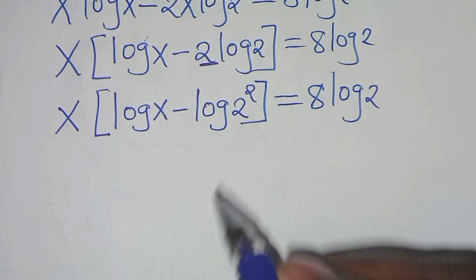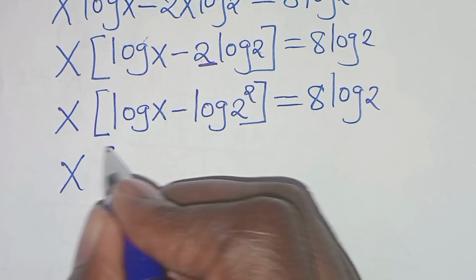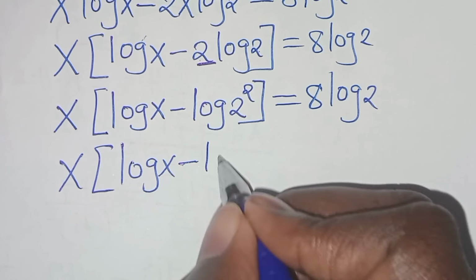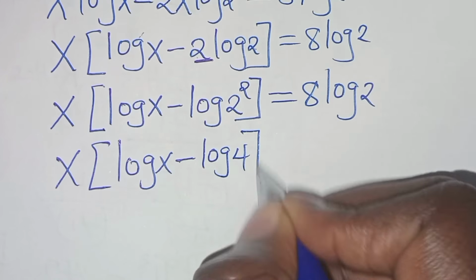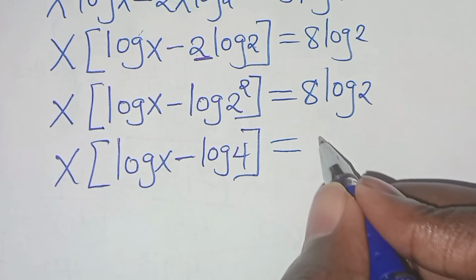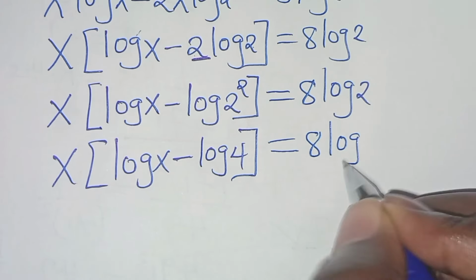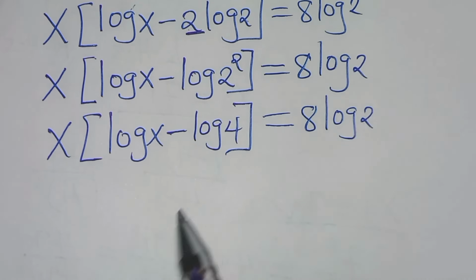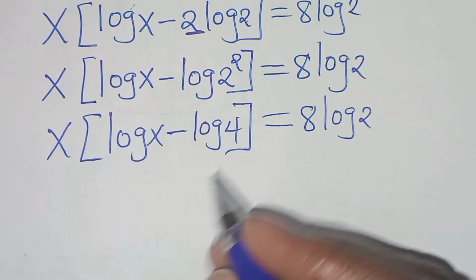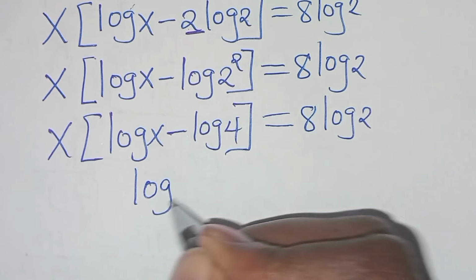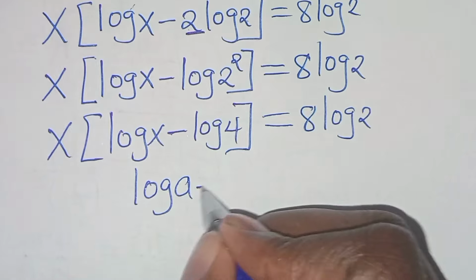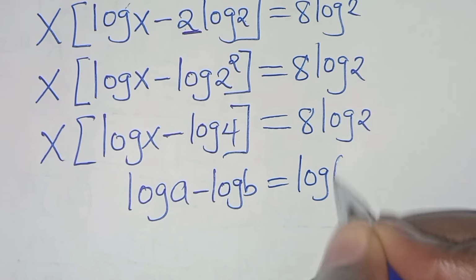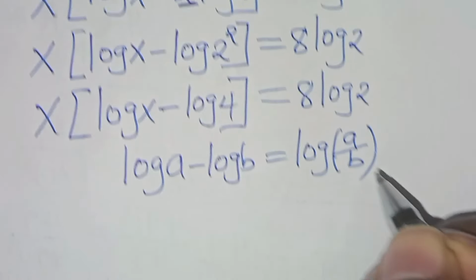Now, the next step from here, we have x into the parentheses: log x, subtract log 4. Close the bracket, this is equal to 8 log 2. Now, you find that log x minus log 4 is in the form of log a minus log b, which we can express as log a over b.